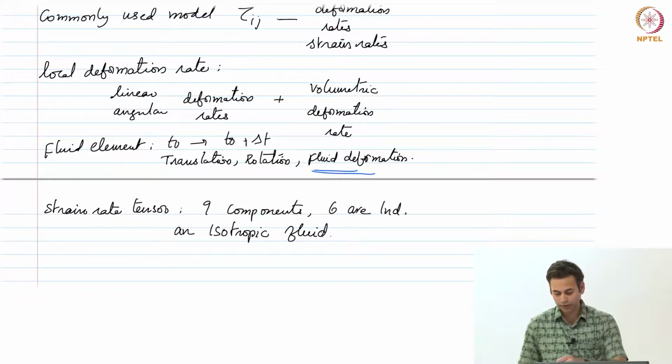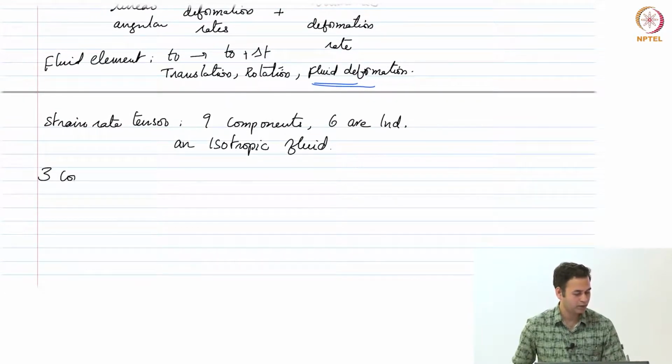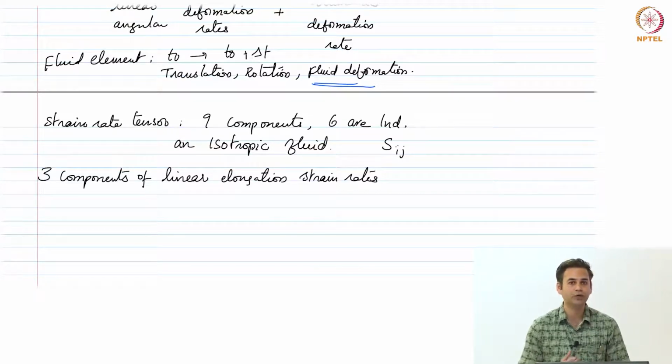We have 3 components of linear elongation strain rates. These are given as, so we use the symbol S sub ij. Just like we have tau ij, we use this S sub ij to represent the strain rates, okay. So again i and j go over x, y, z each of them.